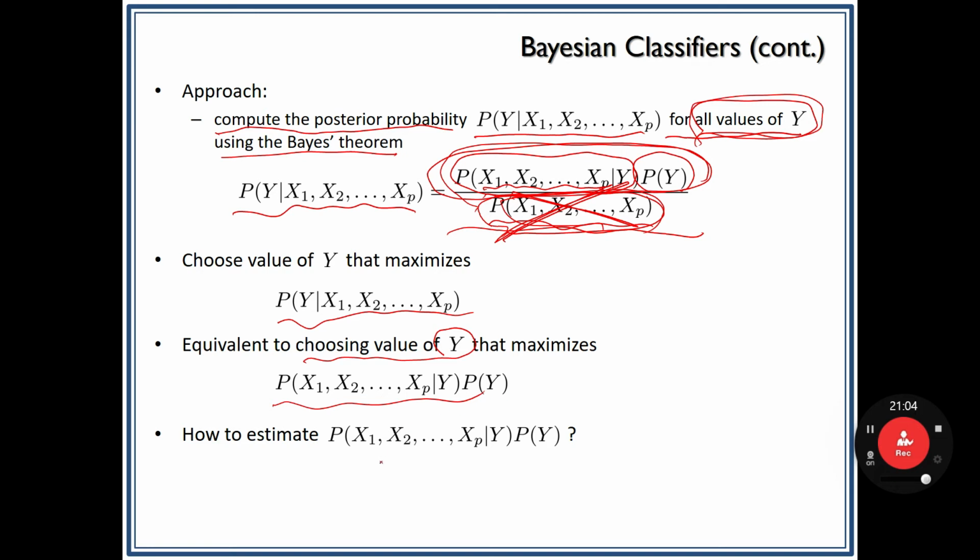Still, it's very difficult to estimate. This probability becomes simple to estimate, but because of the whole joint event, this conditional joint probability of x1 through xp is very difficult to directly estimate from our training set.